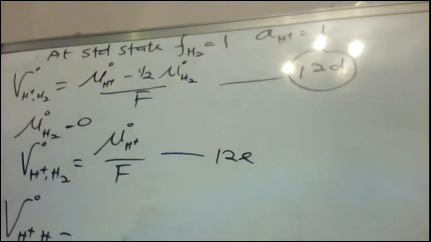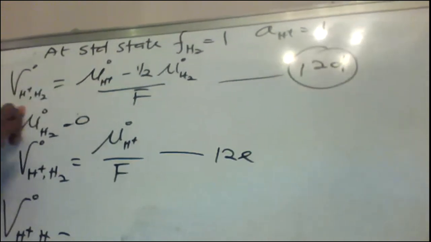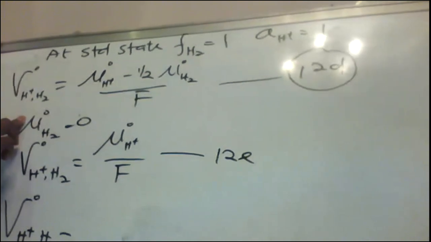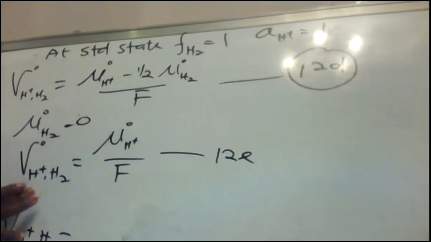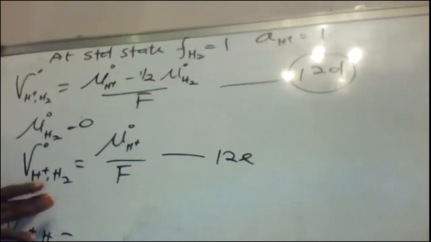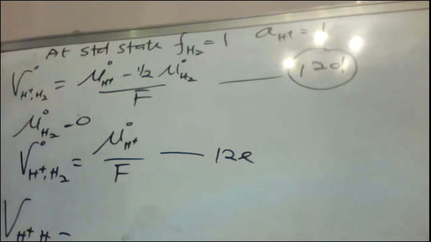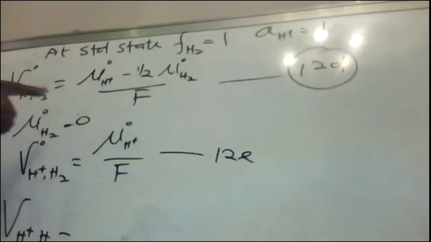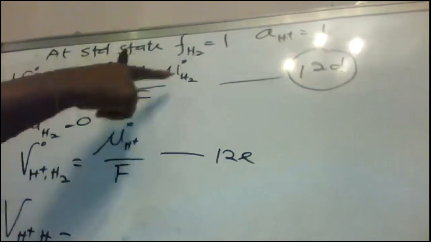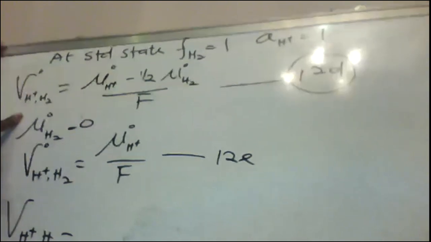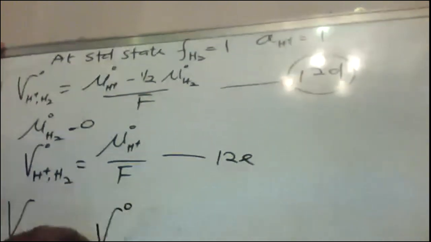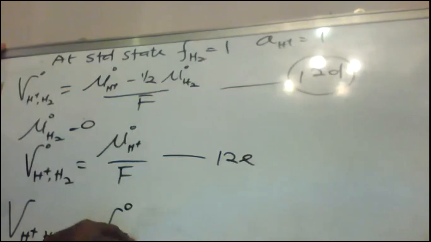So in this equation, we're going to say V naught standard, and this one that you have here, you will write it for that one. So you substitute it with V naught H plus H2.